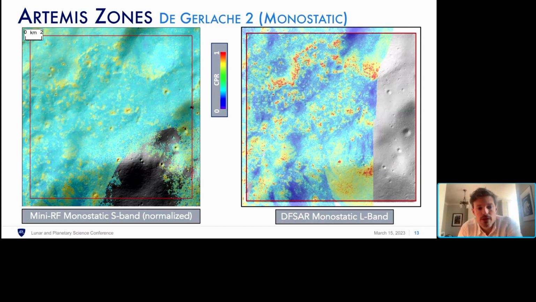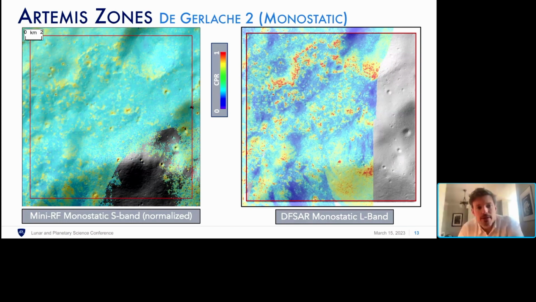You can see that at both the S band and the L band data, which could perhaps provide further constraints on how these features form. I believe Tom Waters will be talking about these kinds of features either today or tomorrow. This might help educate us on how this could affect the seismic environment for this region as well, so this is certainly worth looking at in more detail.